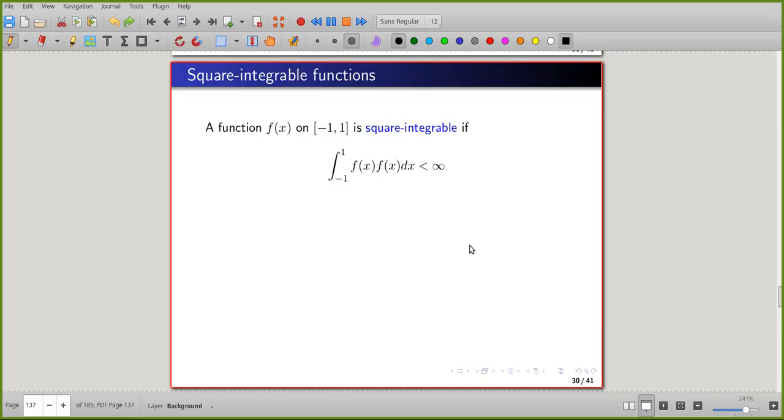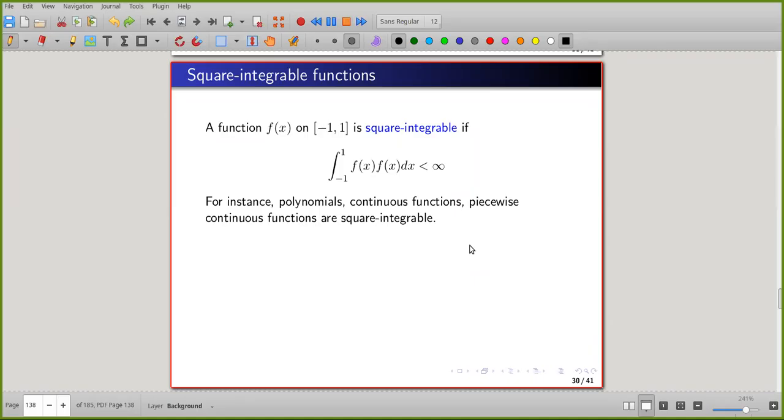A function f(x) on minus 1 comma 1 is square integrable if I take f(x) squared, integrate from minus 1 to 1, and this integral is finite. For instance, polynomials, continuous functions, piecewise continuous functions are square integrable.